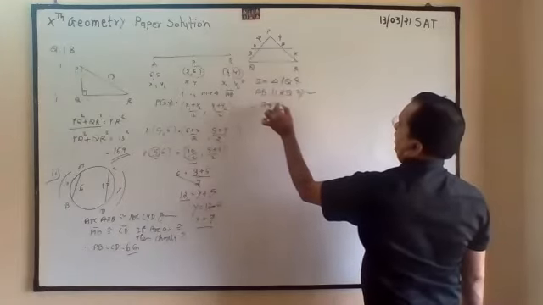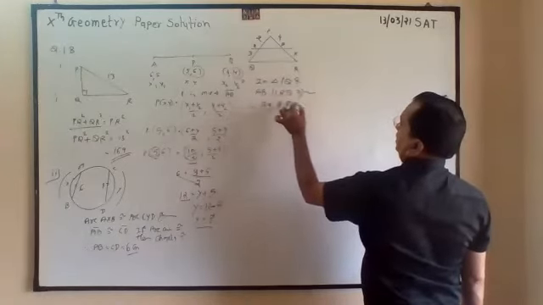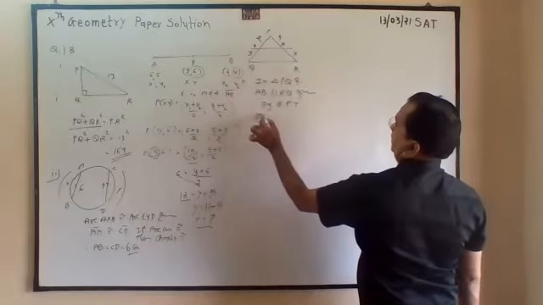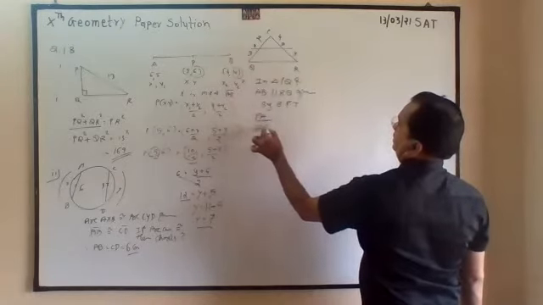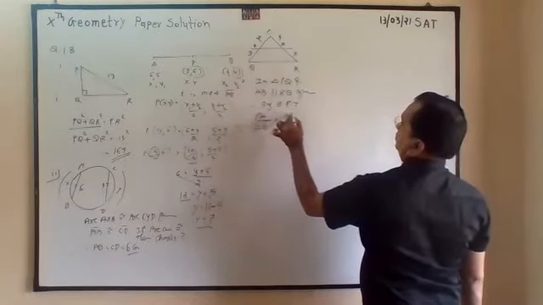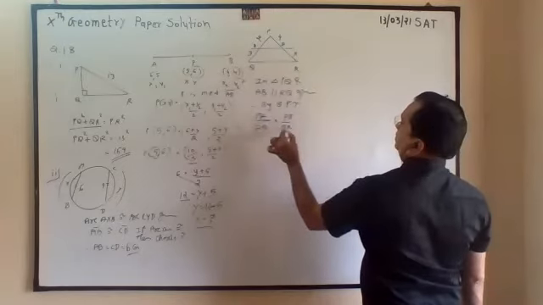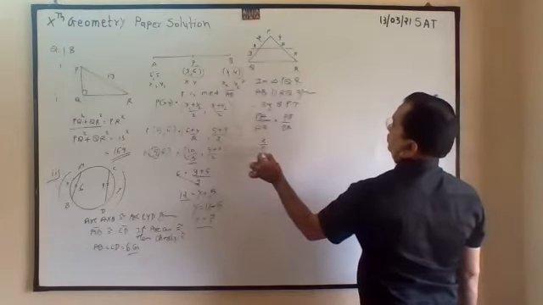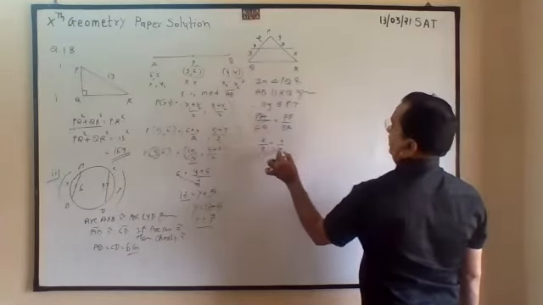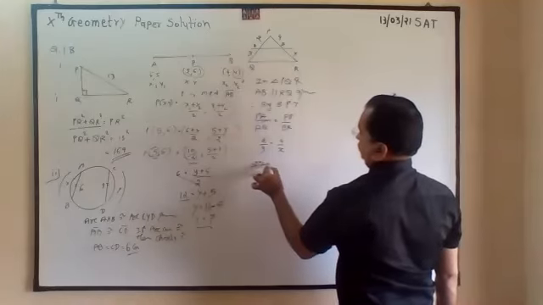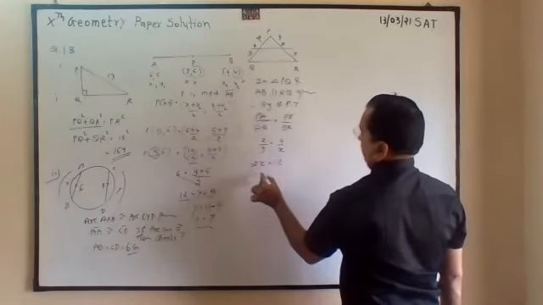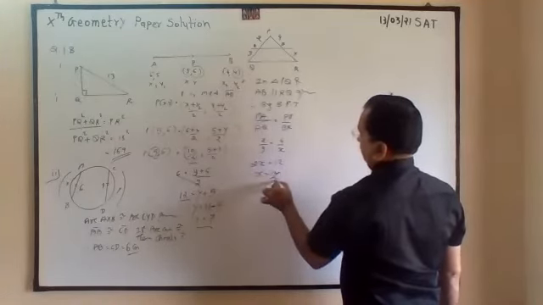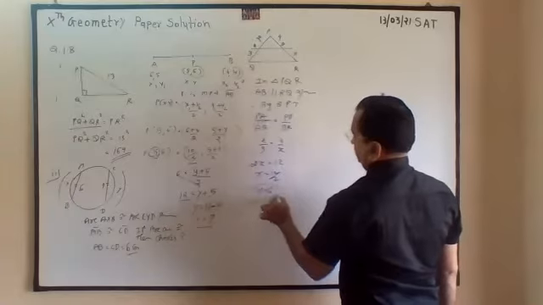Therefore, by the basic proportionality theorem, PA by AQ equals PB by BR, that is 2 by 3 equals 4 by x. So 2x is equal to 12, x is equal to 12 by 2, x is equal to 6.